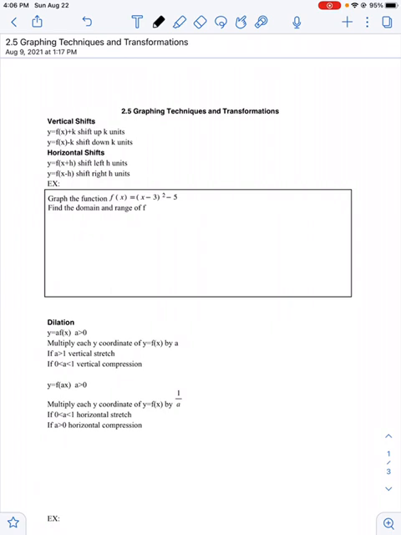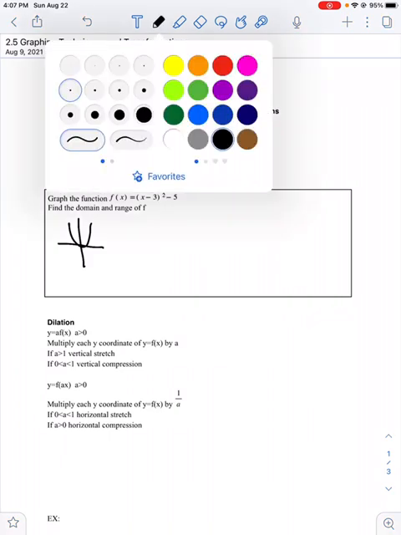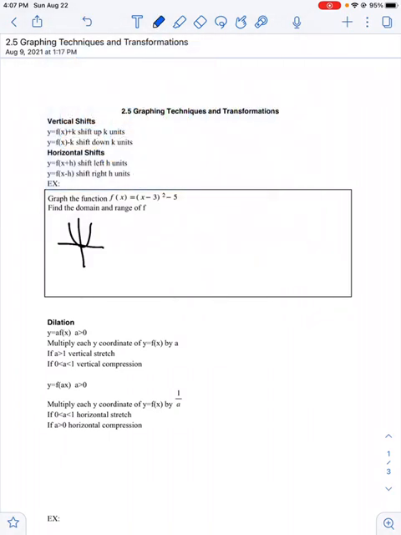So here we're going to graph our function and then determine its domain and range. First I'm going to graph its parent function of x squared. Then I'm going to do the x minus 3 squared in blue.